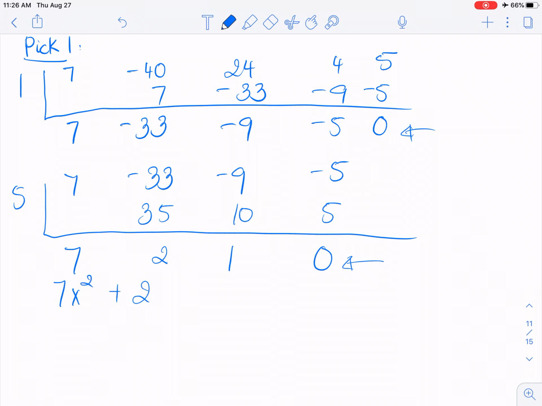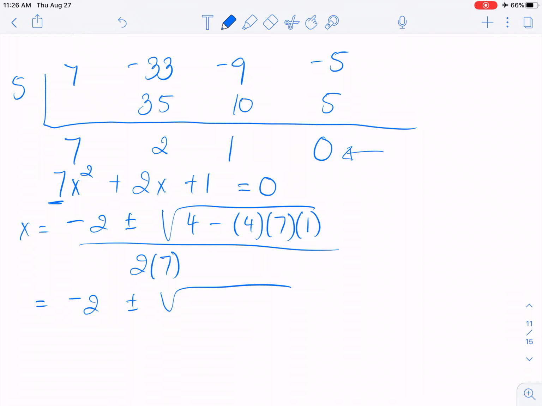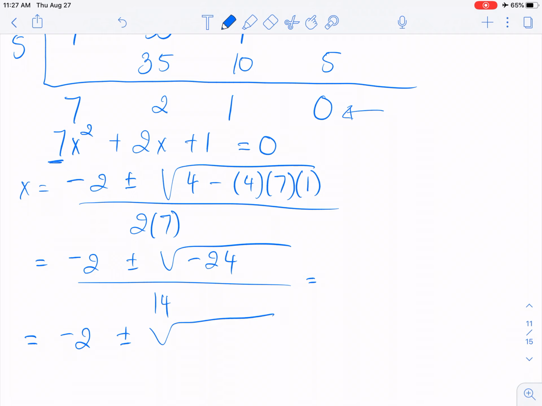And then, of course, we have to reduce it. Okay, I have to simplify inside the radical right there. So what you can see is negative 2 plus and minus the square root of negative 4 times 6. So we can take the negative 4 out, which is 2i.